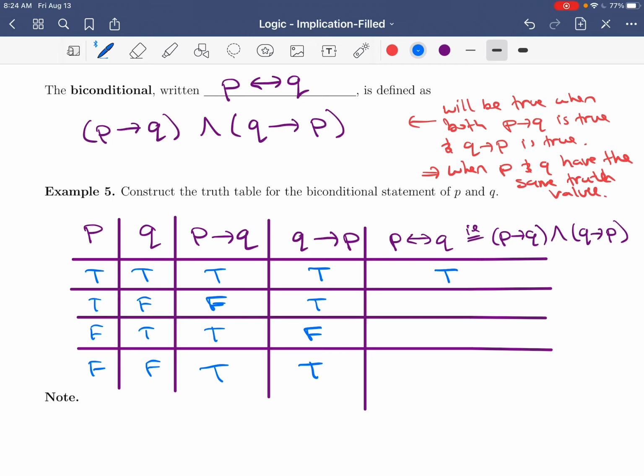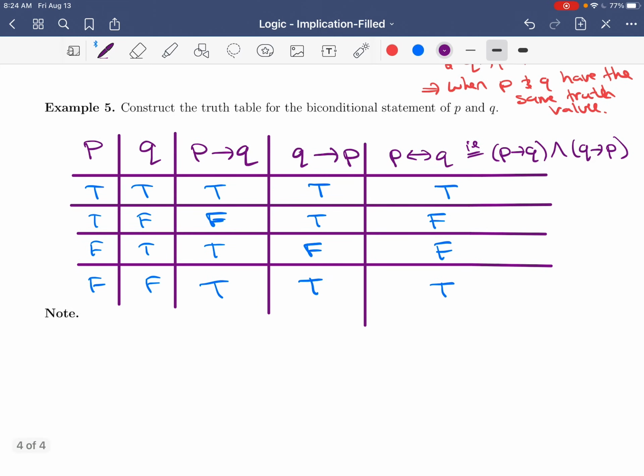That's here and here, but it's false in both of these spots.